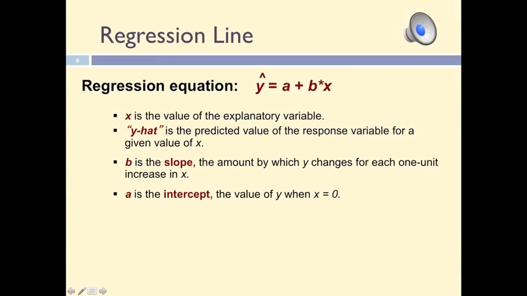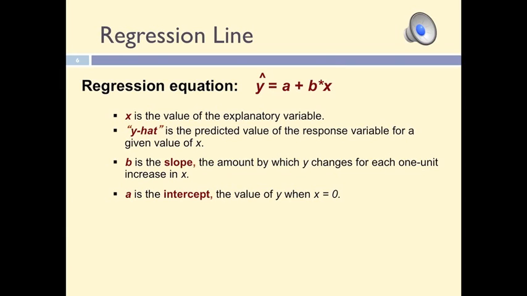The response variable can be predicted based on a very simple equation. The notation for the predicted value is a lowercase y with a hat, and we call it y hat. In our example, y hat represents the student's predicted self-esteem score. To obtain the predicted value, we need three pieces of information.